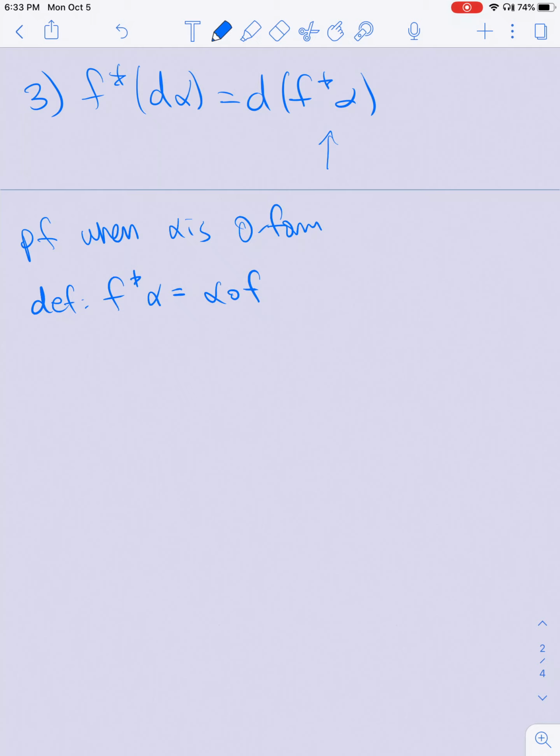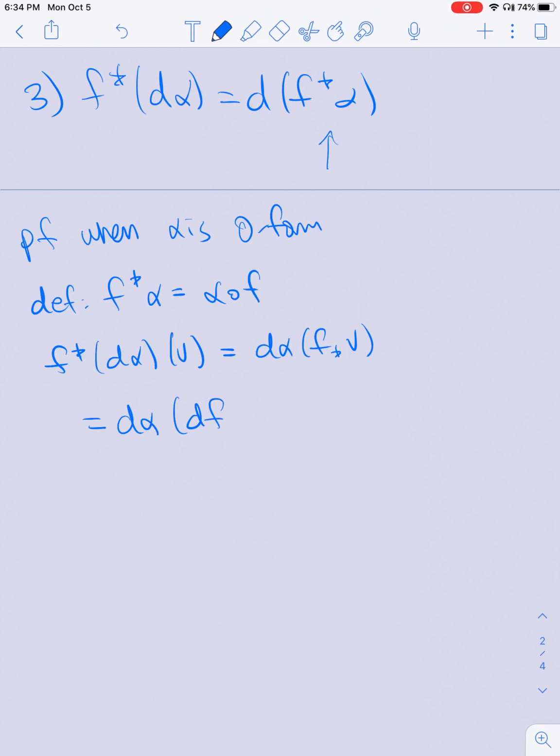And then in this case, what we need to show is this identity. So f pullback of d alpha applied to a vector v is d alpha of f push forward v, which is d alpha times Df applied to v.